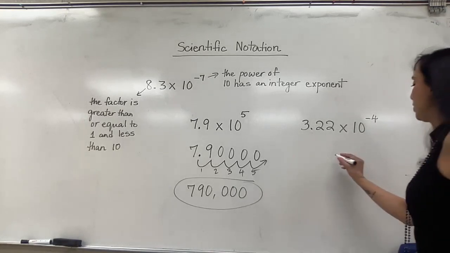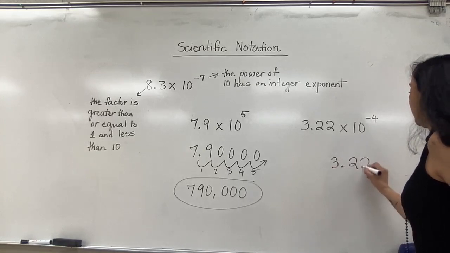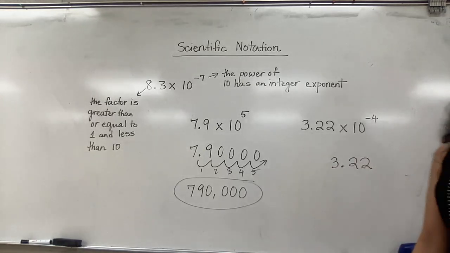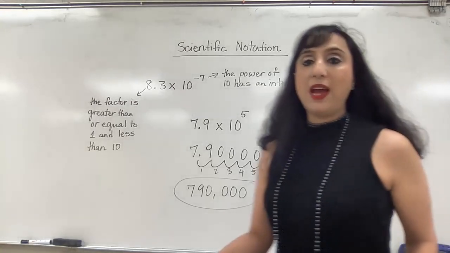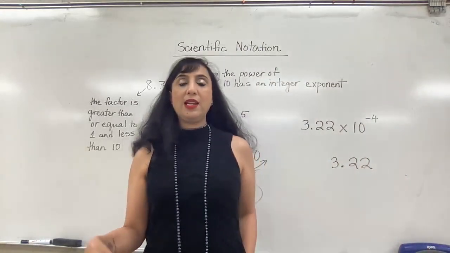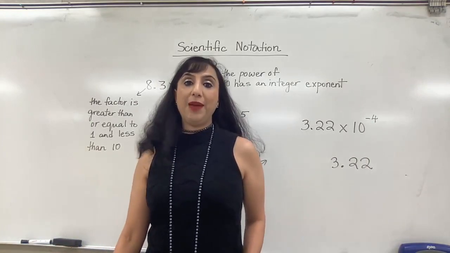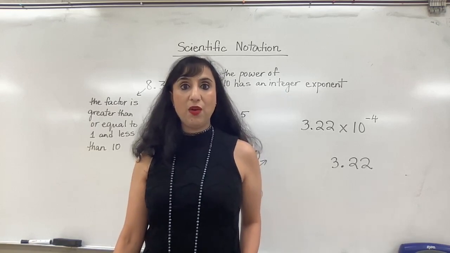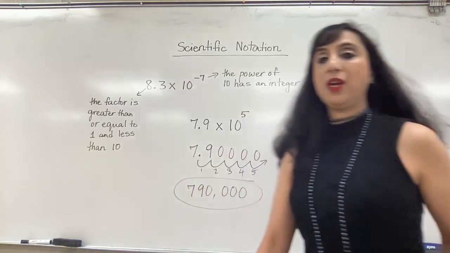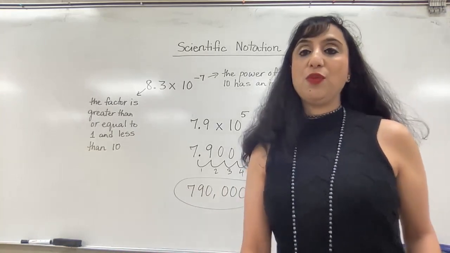Now let's look at this one. I'm going to start at 3.2. And then I can see that I have a negative exponent, and that is telling me that division is going on. Based on the power, that's how many place values I am going to move to the left, because when a number gets smaller, the decimal is going to move to the left.